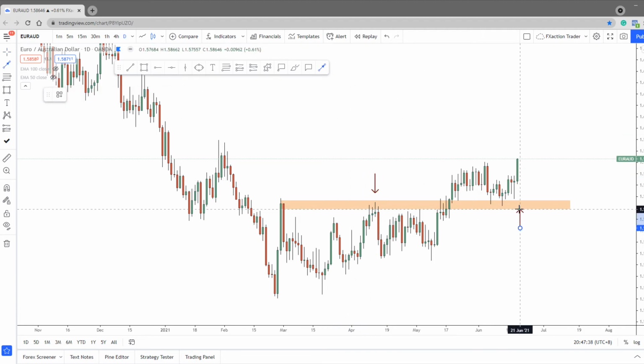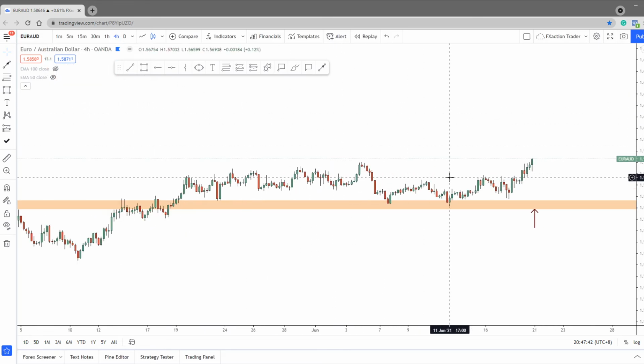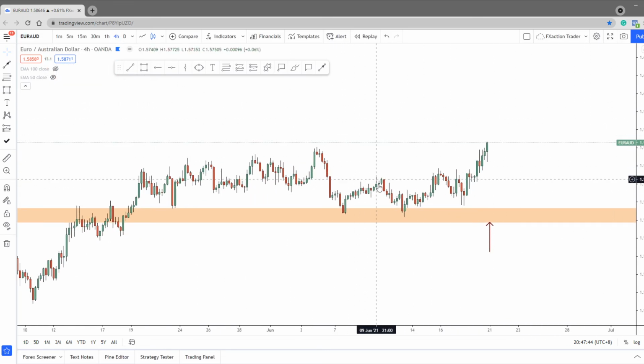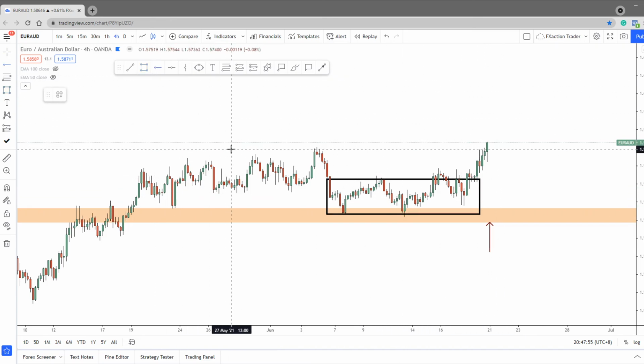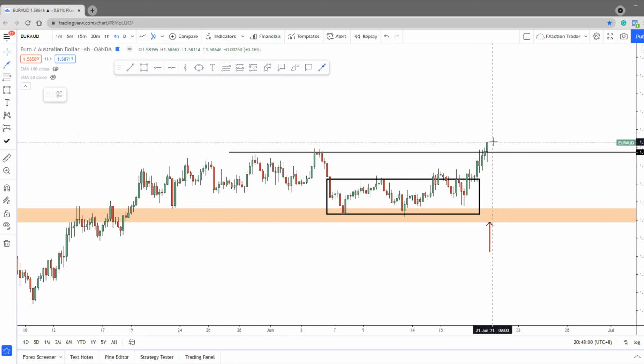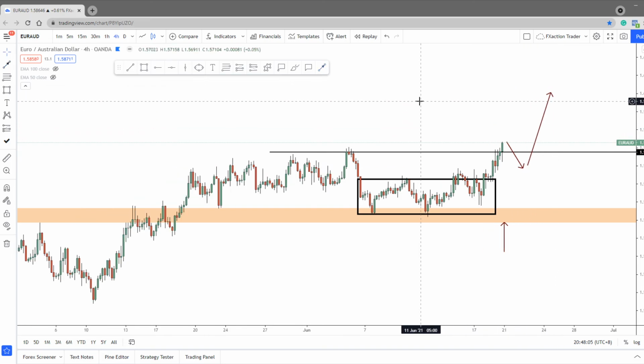On H4, before the breakout, there was some sort of ranging or sideways market condition. This week, market has actually broken the previous high. So we are just going to continue to look for a buy trade after the pullback and continue to trade along with the market direction.